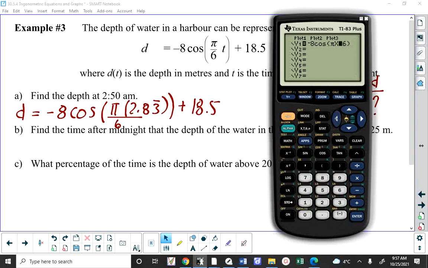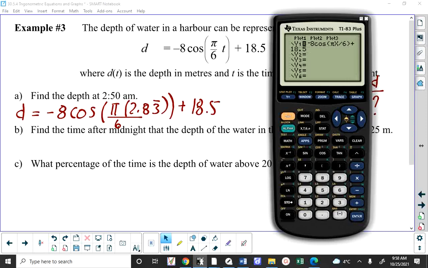But maybe I should not just hand wave this away. This looks wrong to me. It looks like I'm saying divided by 6x. I'm not. That's not what it's going to do. But it doesn't look right to me. So for that reason, I just like to have pi x over 6. Close brackets, plus 18.5.